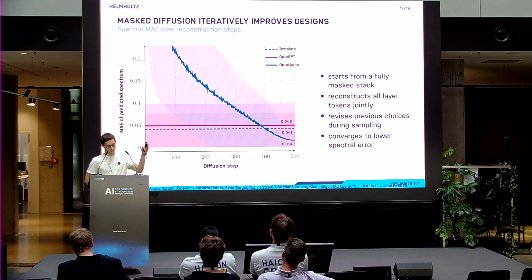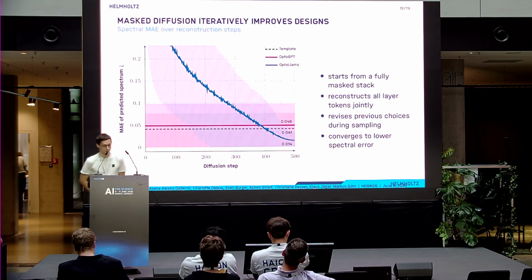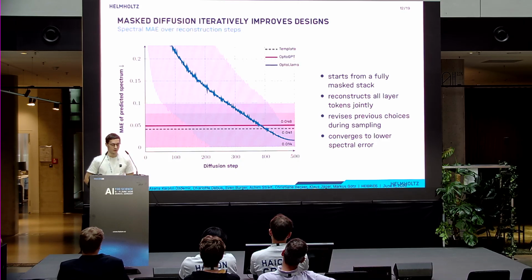But it converges down, and at around diffusion step 400, it surpasses both baselines, and at the last diffusion step, it converges to 0.014 mean absolute error. And this shows that this type of architecture is able to correct its initial predictions during the diffusion process.